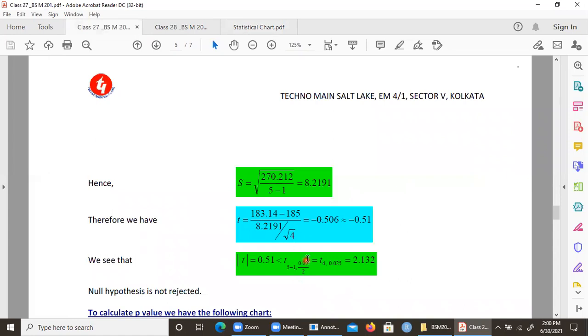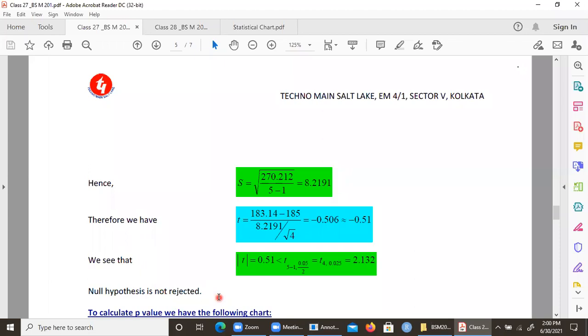Although I have written here alpha by 2, just to make you understand that this is a one tail test. So since the level of significance is alpha, the other half of alpha is on the right hand side. We are not considering it because nothing is mentioned about the upper tail.